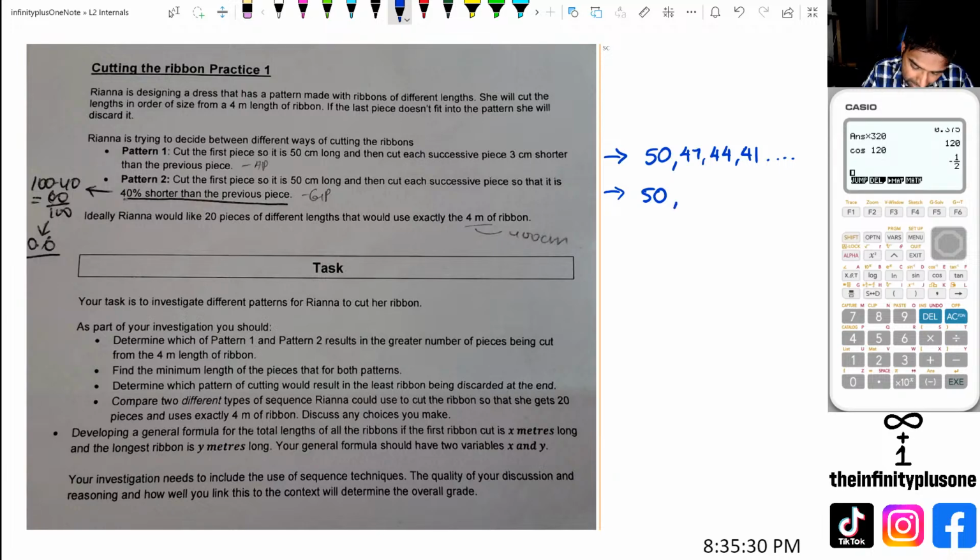So 0.6 times 50. I'm just going to work it out in the calculator. What do we got? 0.6 times 50, so that's going to be 30. And then it's going to reduce by another 0.4, so it's going to be 18. And then 10.8.